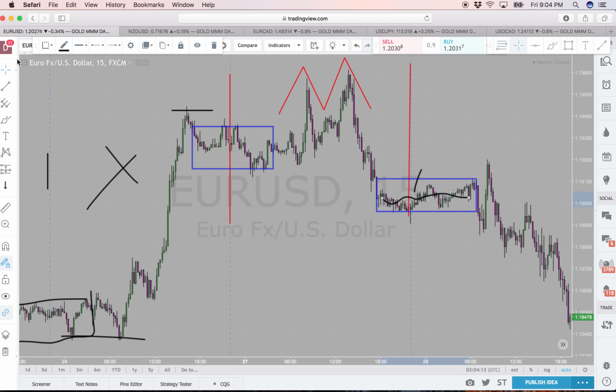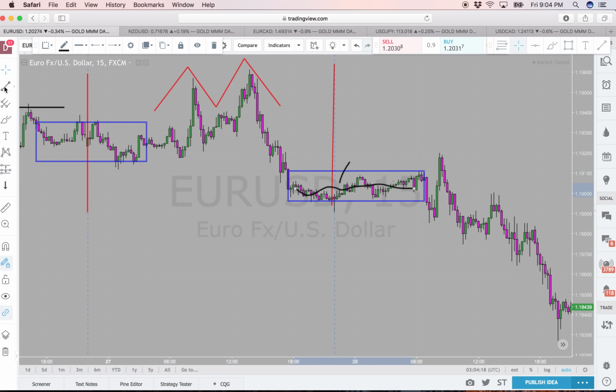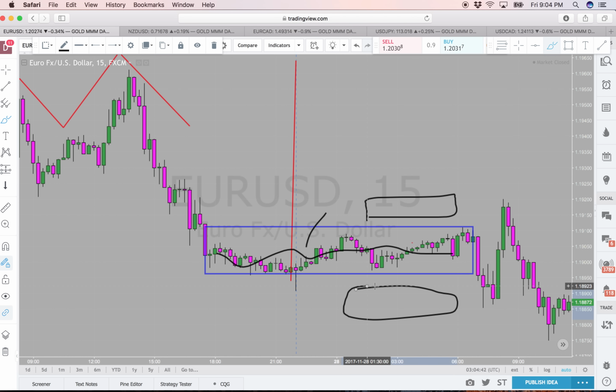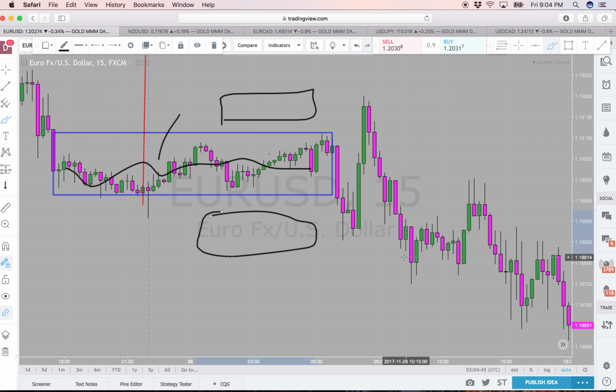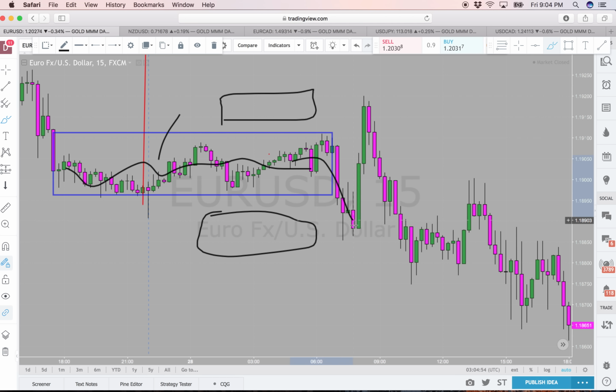And when they're trapped here, what did I say before? Retail traders place their buy stops and sell stops above and below consolidation. So imagine 5 to 10 pips above this consolidation, there is a chunk of buy stops and a chunk of sell stops, right? So what does the dealer have to do to activate those orders? He has to do what we call this whipsaw formation.